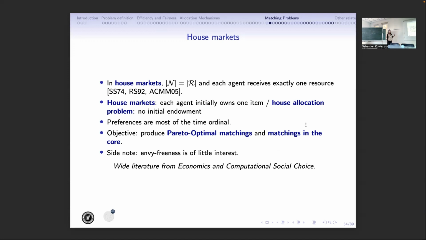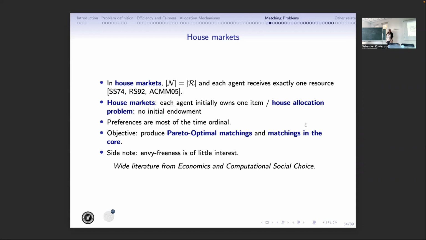The difference is that in a house allocation problem, you don't have an initial endowment, and in house markets, each agent initially holds a resource. So when I introduced TTC, I said that it can be applied in a house allocation problem with an initial endowment. So in fact, in house markets, TTC can solve the problem.